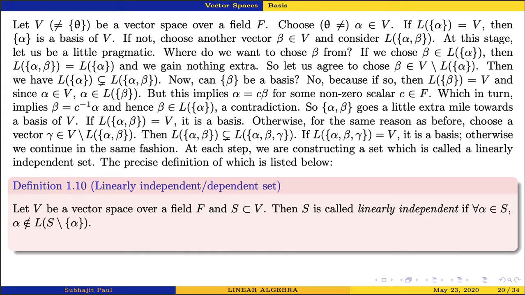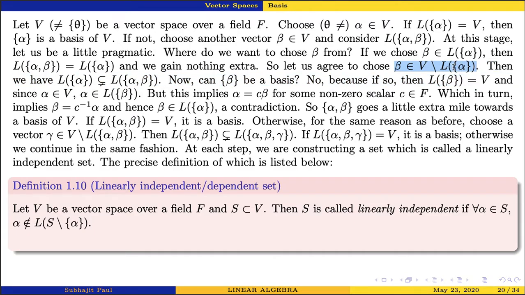For every vector alpha in S, alpha is not present in the linear span of S minus alpha. See over here, we chose beta from outside the linear span of alpha.